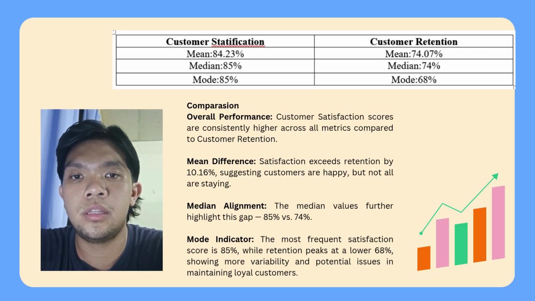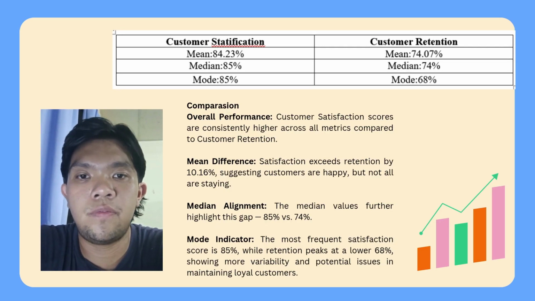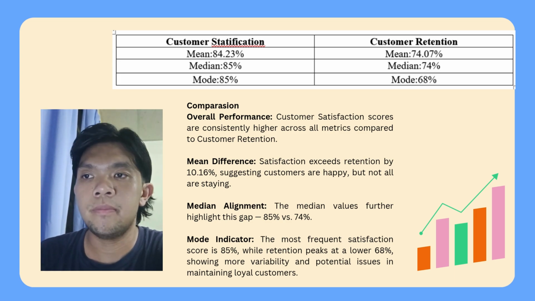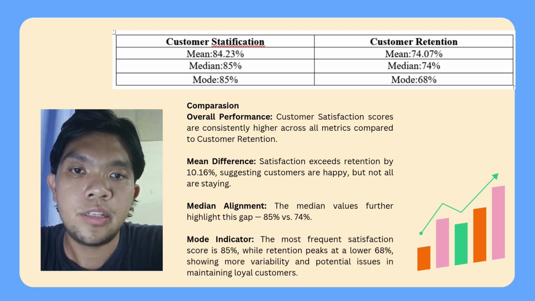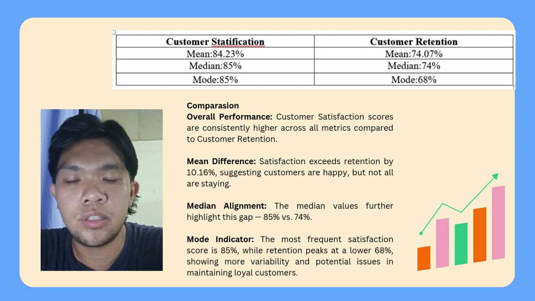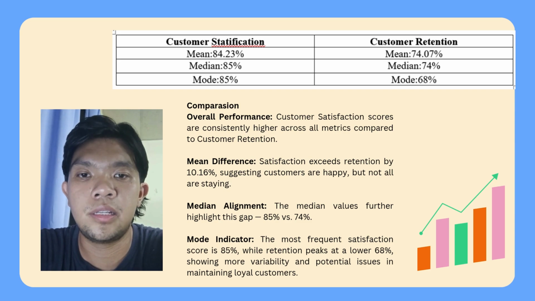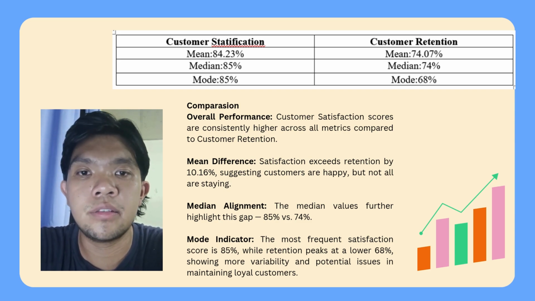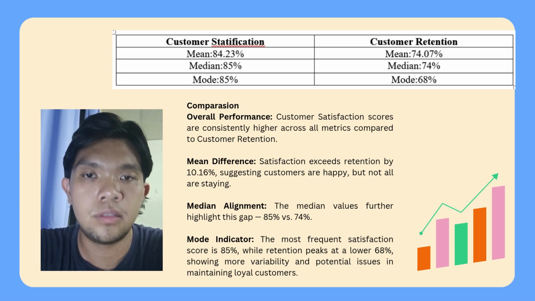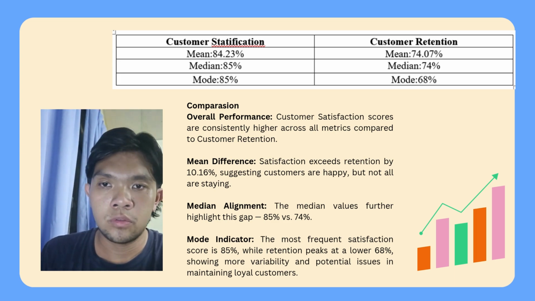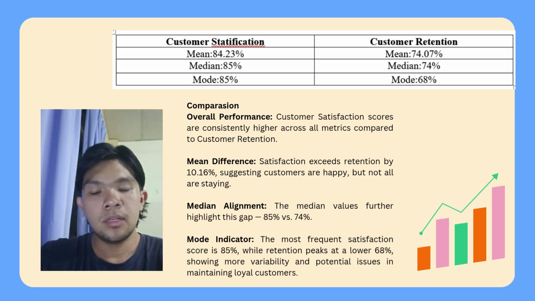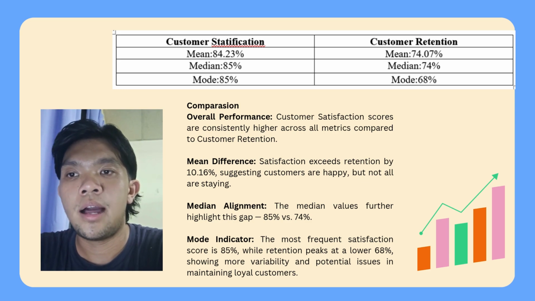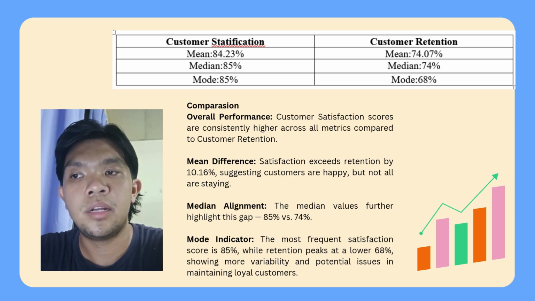So for the comparison of data, for the customer satisfaction, the mean is 84.23%, the median is 85%, and the mode is also 85%. For the customer retention, the mean is 74.07%, the median is 74%, and the mode is 68%. For the overall performance, customer satisfaction has a higher score than customer retention.